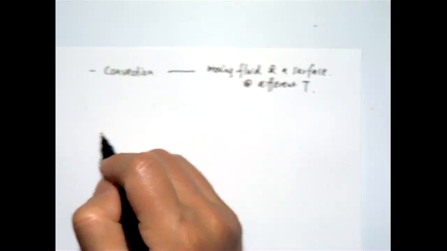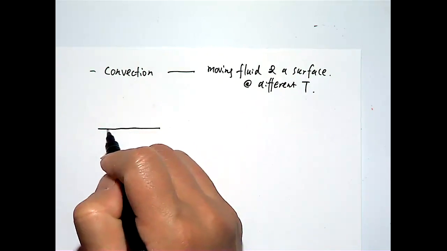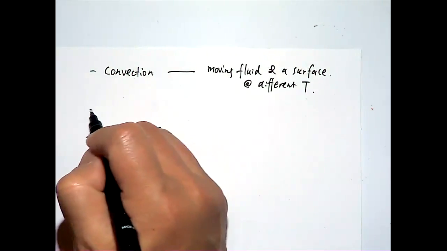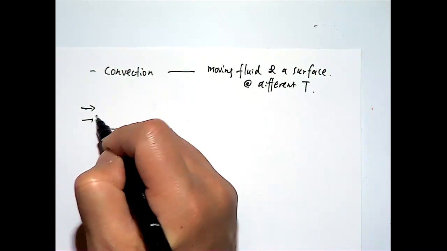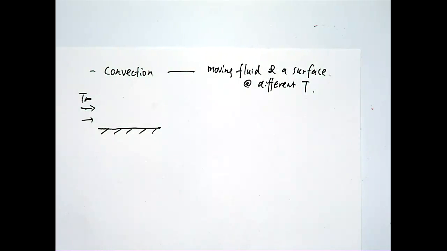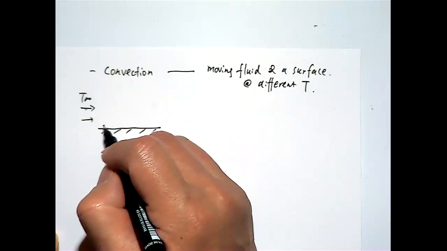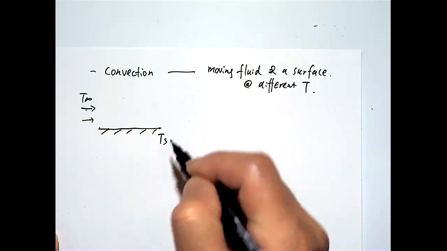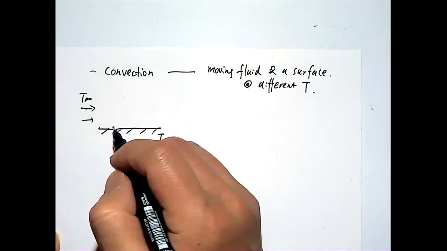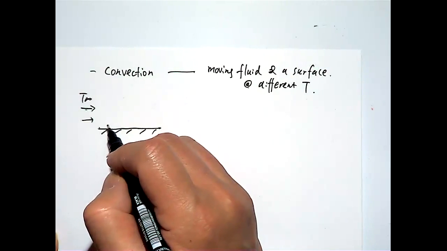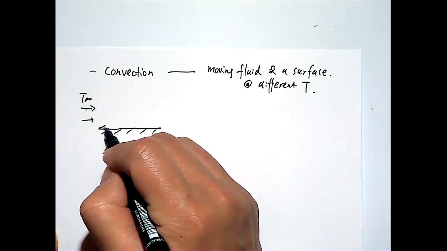For the external flow, it can basically be simplified: you have a plate or a surface, and you have the flow coming in at a certain velocity and a certain temperature. And we are going to discuss later, for the convection, the surface at Ts, right? For the convection problem, an important phenomenon is called the boundary layer.